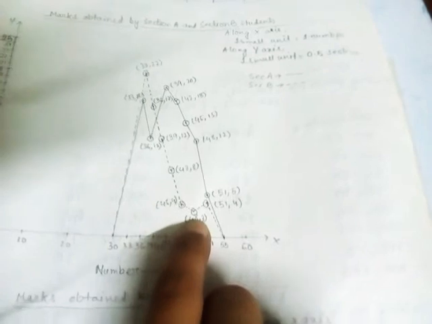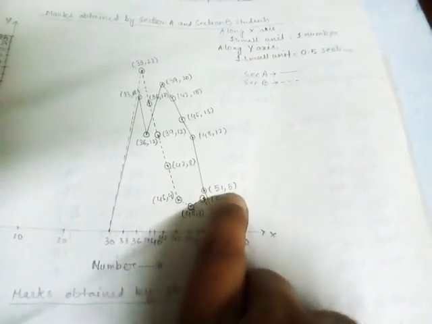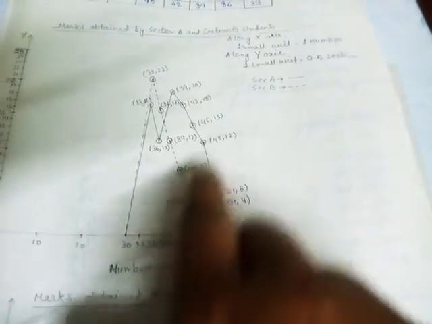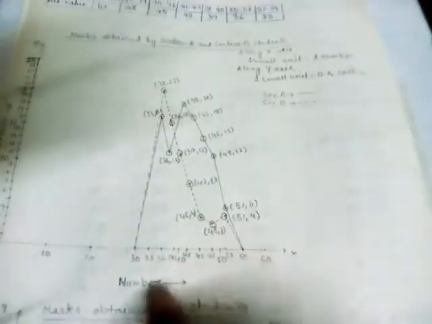For the first mid value 51, in section A the value is 5, so I go for 51, 5. The second one is given 41, 12, so 48, 12. In a graph, first you take the point and then join it, just join one point to another by a straight line.